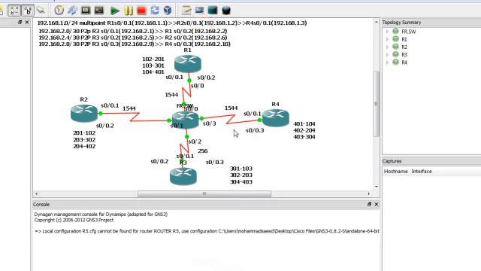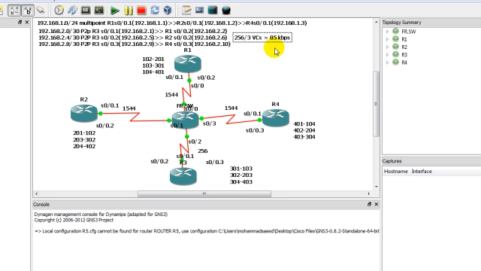So I divide 256 kilobits per second by 3 virtual circuits, which equals 85 kilobits per second. So I configure the point-to-point sub-interfaces with bandwidth 85 kilobits per second for each.